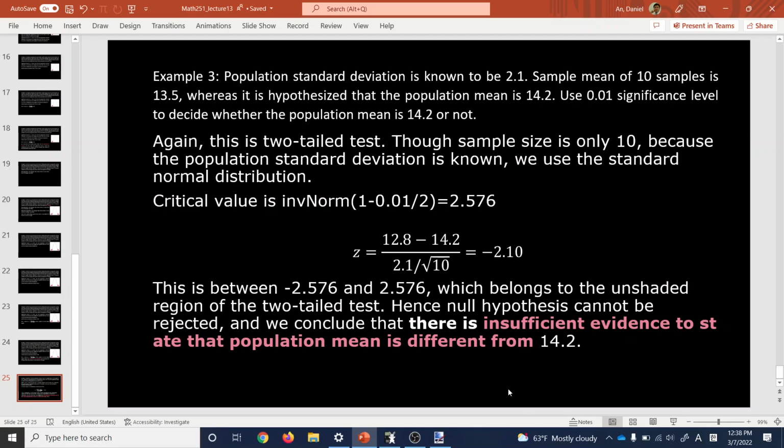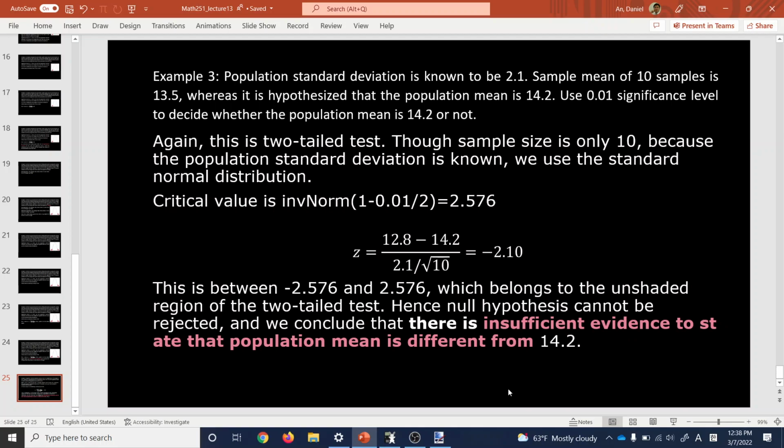Sample mean of 10 samples is 13.5, whereas it is hypothesized that the population mean is 14.2. Use 0.01 significance level to decide whether the population mean is 14.2 or not. Okay, so since we don't have time, I'm going to skip steps 1 through 4. However, you should know how to do them.